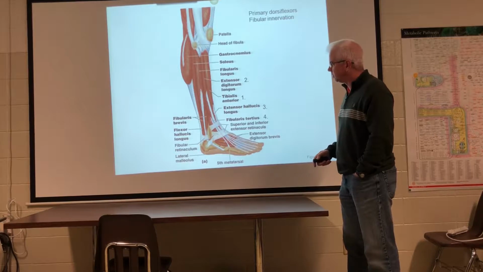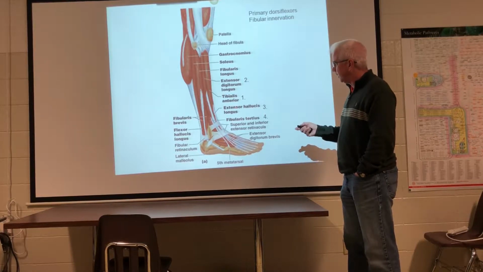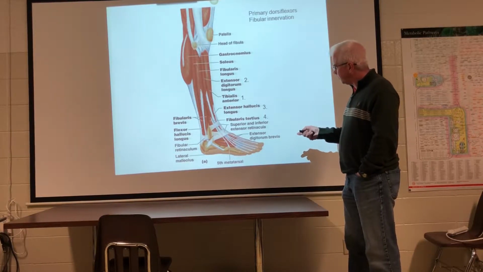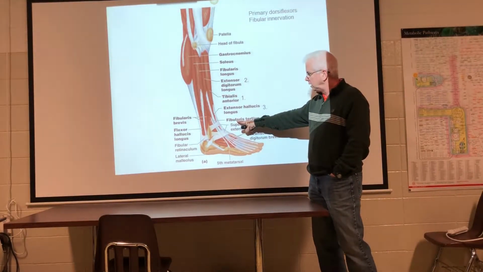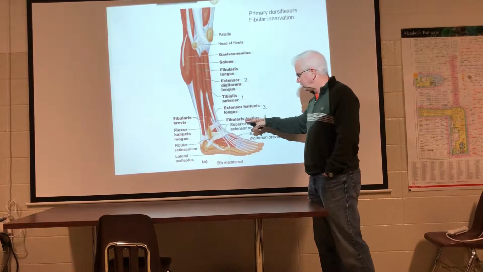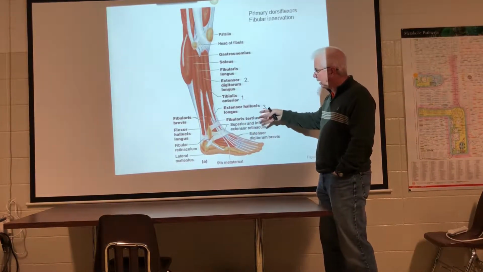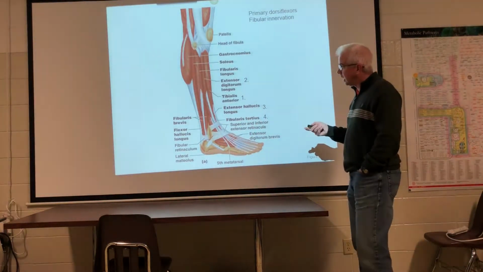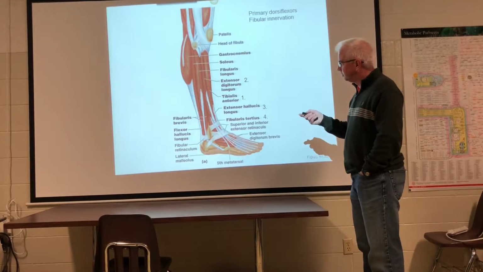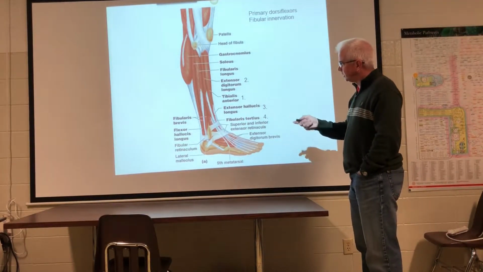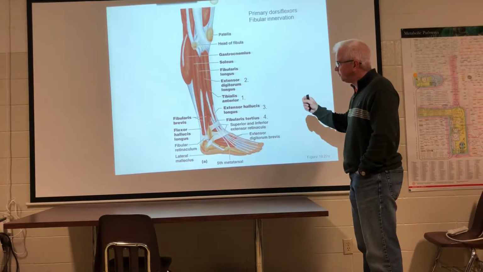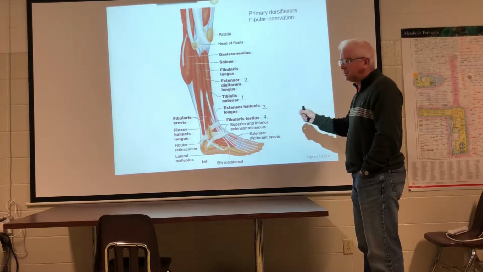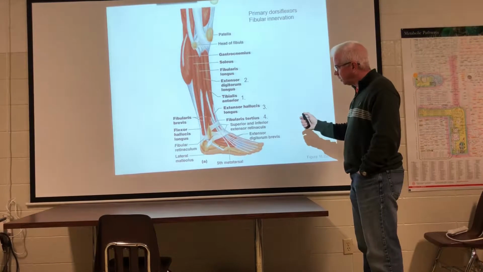I'm going to put a couple there, one on the top, one on the bottom. And then for the fibularis tertius, some textbooks call this one the brevis, I'll show you the brevis and the tertius, but in order across the lateral aspect of the leg, these are the big four. And then, of course, the gastrocnemius, which we're going to do as a posterior compartment muscle. So one, two, three, four, anterior to posterior. There they are.